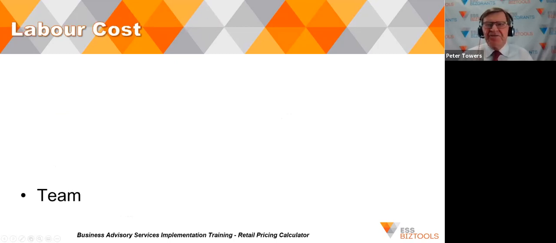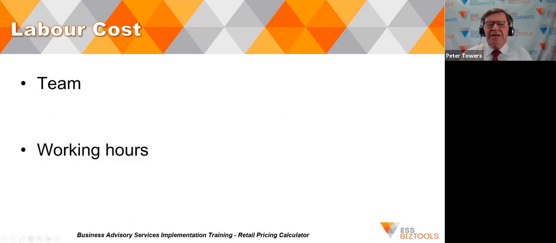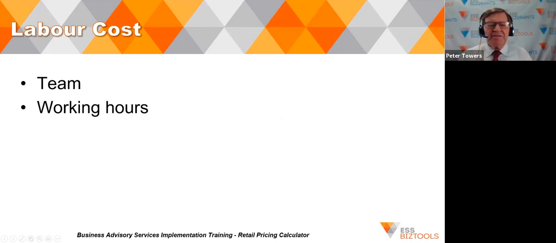Let's look at what else is involved in a retail or wholesale business. There's a team of people. So we need to make sure that in our pricing, we've factored in the labor costs, the people who are working within this business. What are their working hours? What's their remuneration?